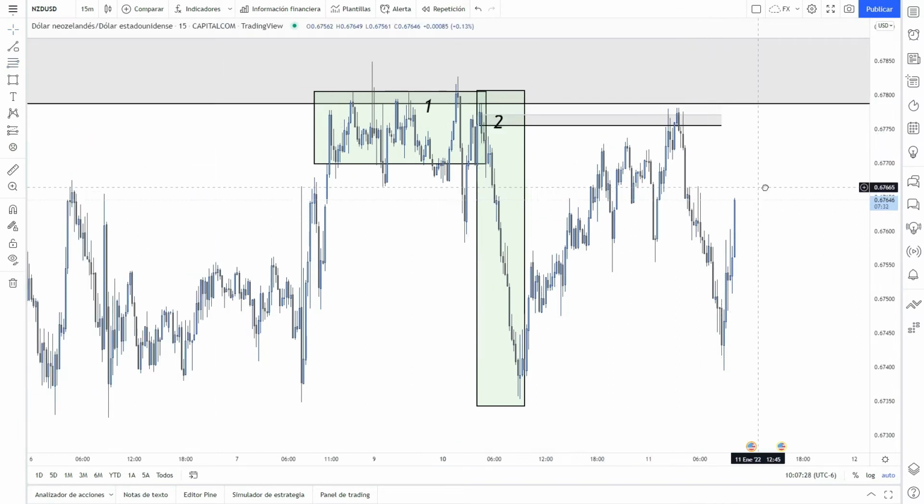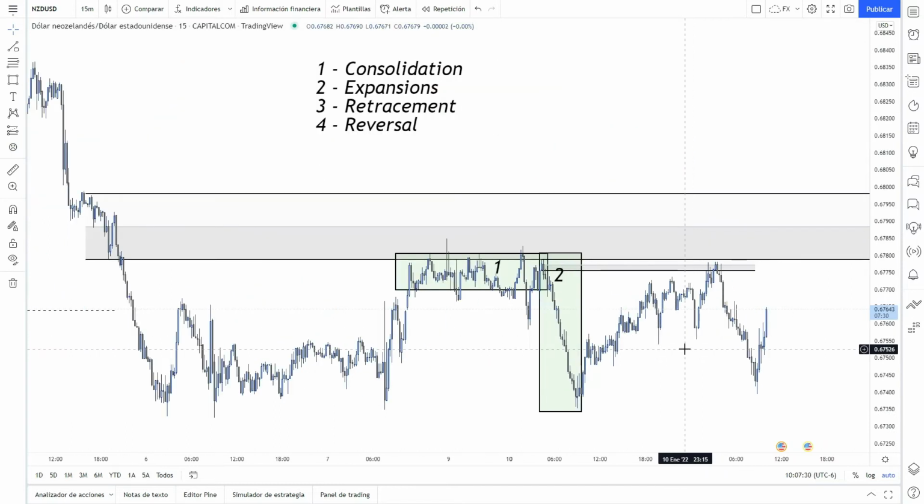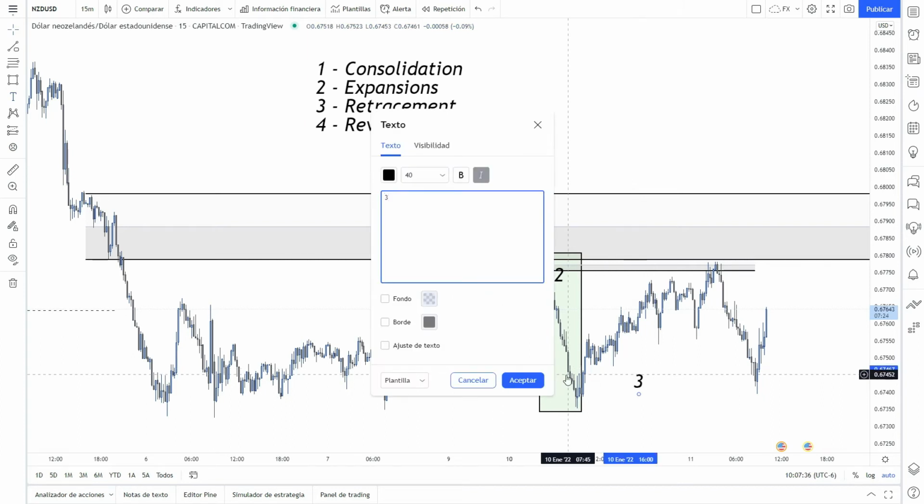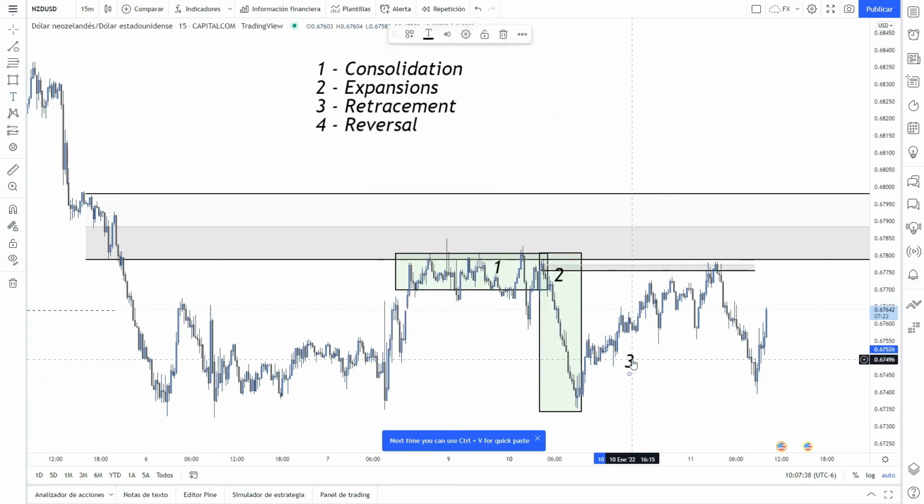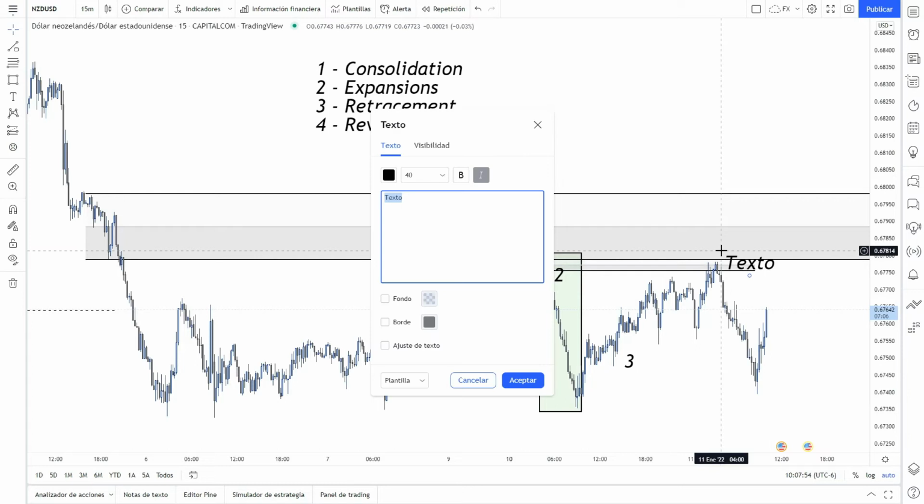And this is the important one. This is our important phase, the reversal. Why is the reversal the most important one? Because it's where we are going to execute our order. This is where we're going to jump into the trade. Here at the reversal phase. When we identify our cycle, here's our reversal phase.